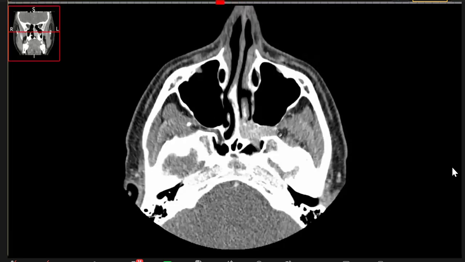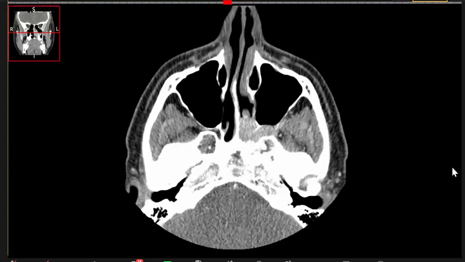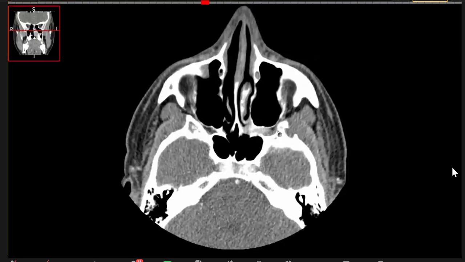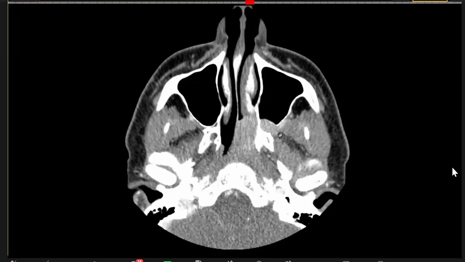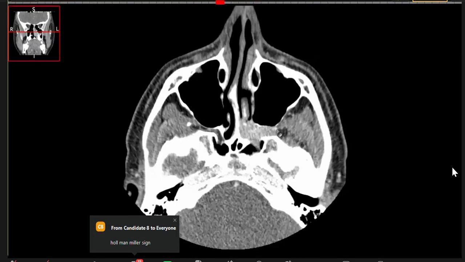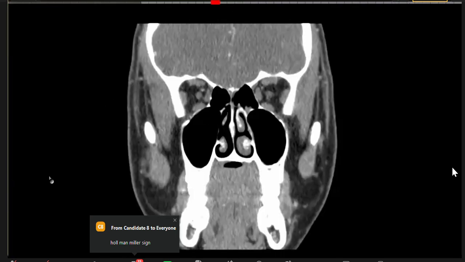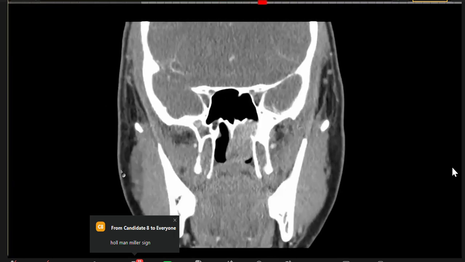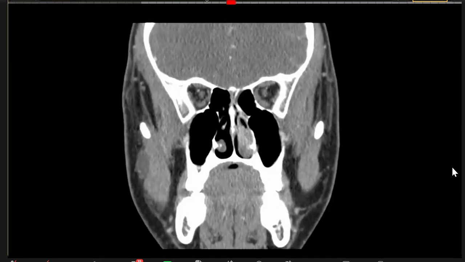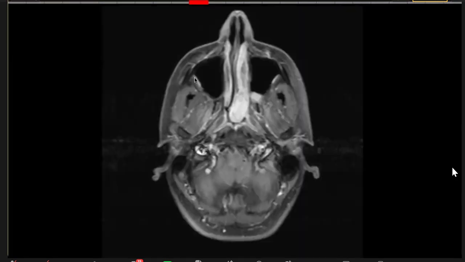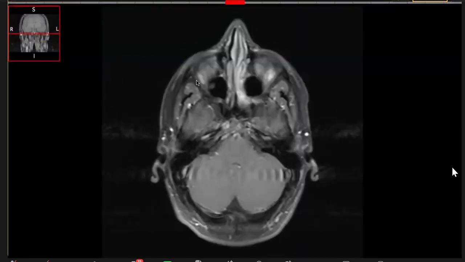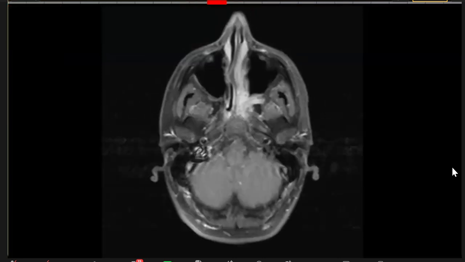And of course, the Vidian canal bit of it will always be better seen on the coronal scan, as I have shown you. So this was classical nasopharyngeal angiofibroma.